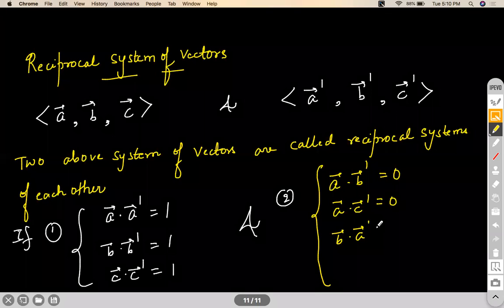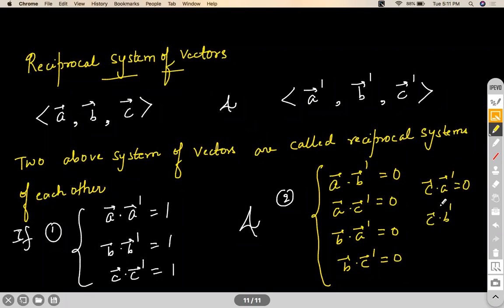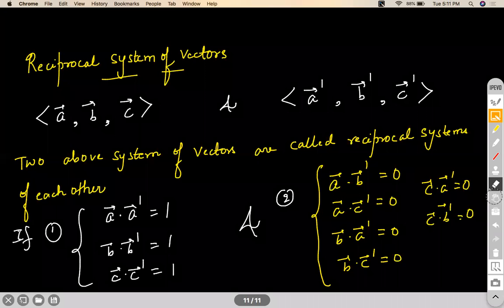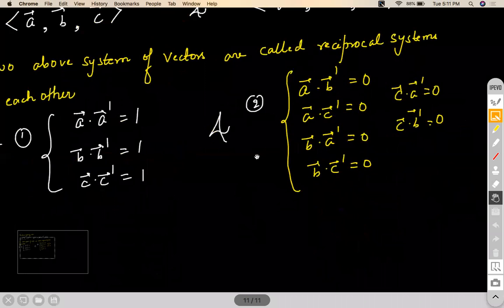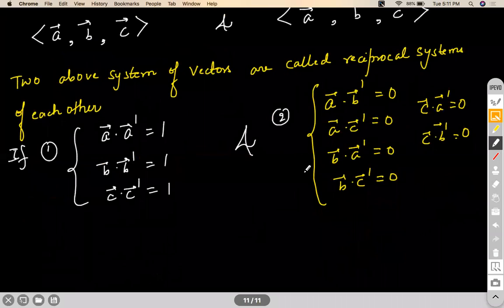Similarly, B dot A dash would be 0, B dot C dash will be 0, C dot A dash would be 0, C dot B dash will be 0. So any two systems of vectors which satisfy this condition will be called reciprocal systems of vectors.